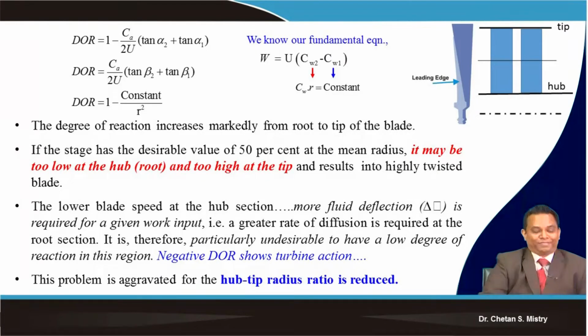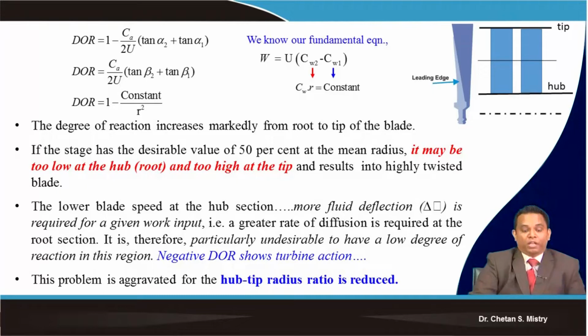Now if the stage has a desirable value of 50% reaction, it may be possible that near the hub, the degree of reaction will be reduced, because the degree of reaction is a function of radius.